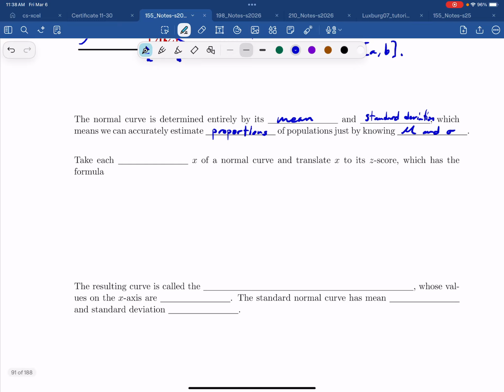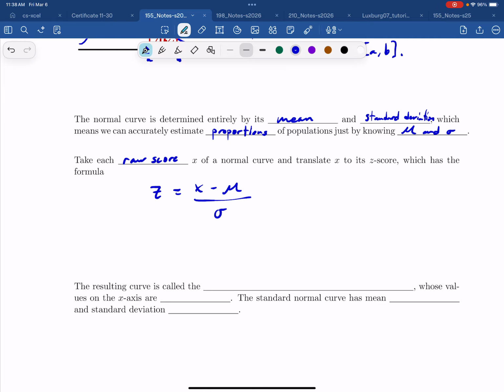So what we do is we can take each raw score, x, and translate it into its z-score. Now recall the z-score formula. Z equals x, the raw score, minus the mean, divided by the standard deviation.